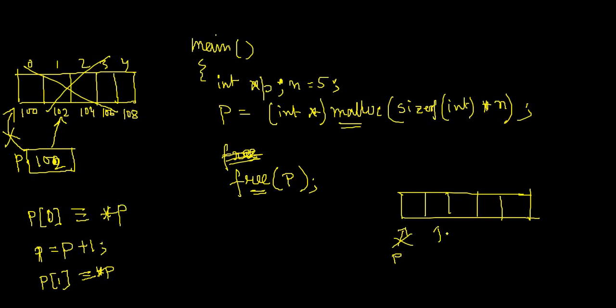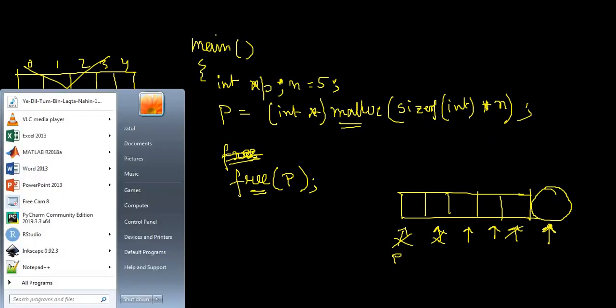So p will now come here for i equal to 1, from 0 to 1. Then p will come here, then here, then here. And then after accessing this, p will come here, right? And that is not a declared memory address. Wherever p is pointing is not a declared memory address. That means you cannot free. If you have not even declared, then how can you free? And that's why you are getting this error.